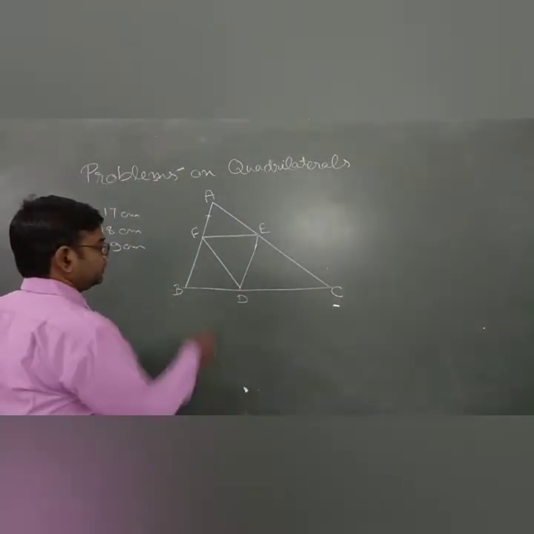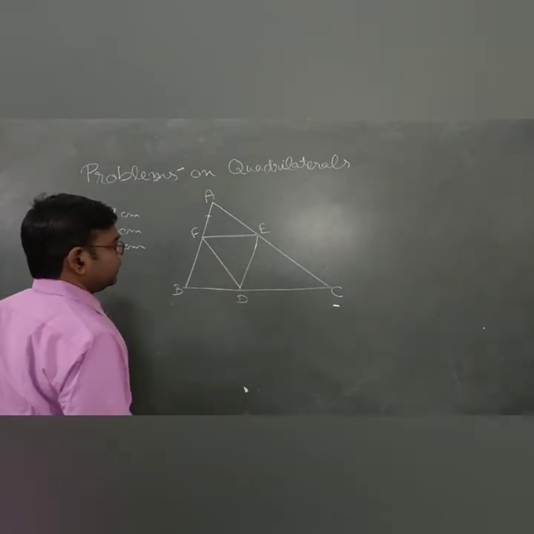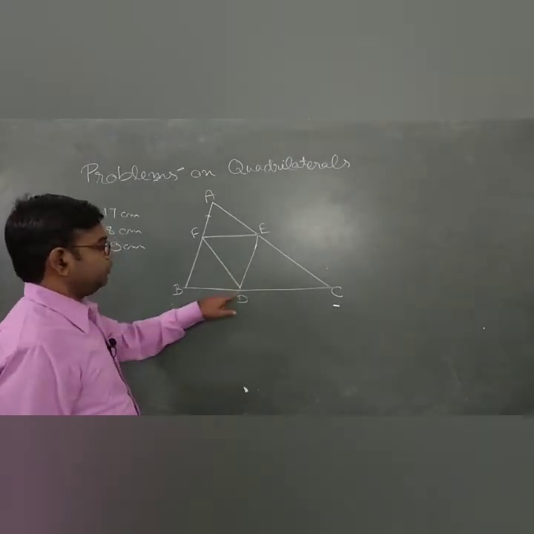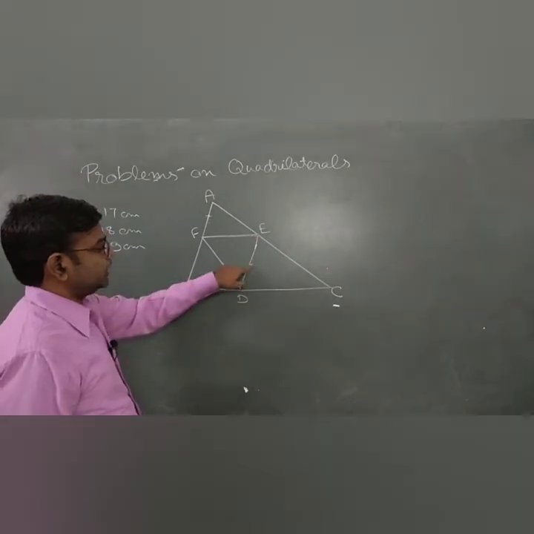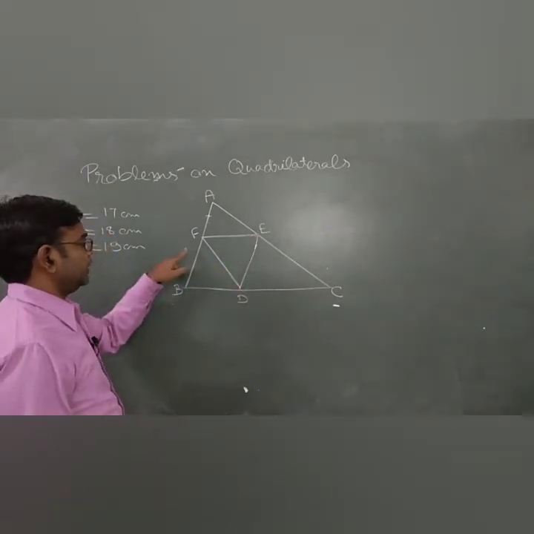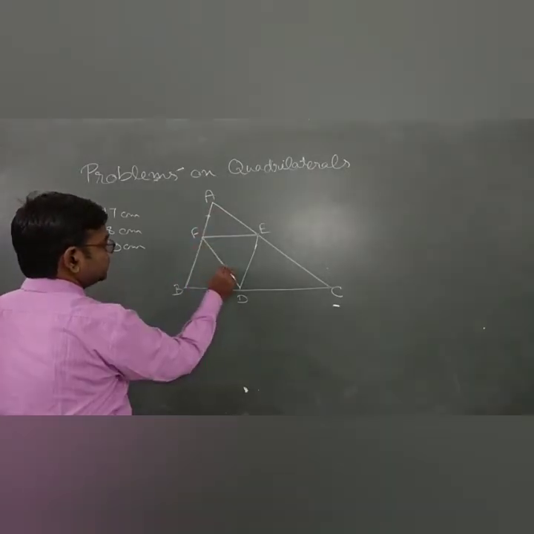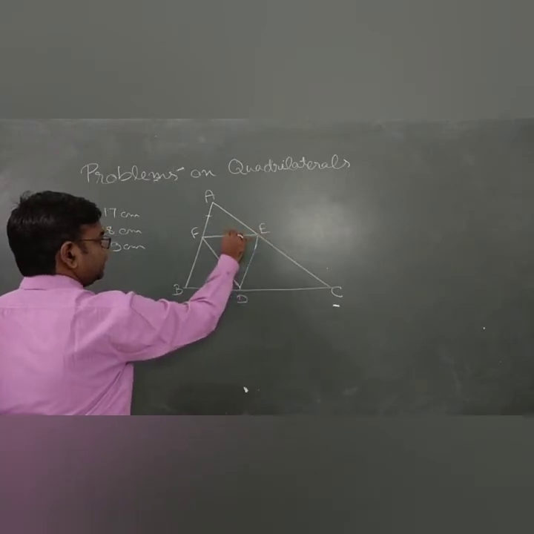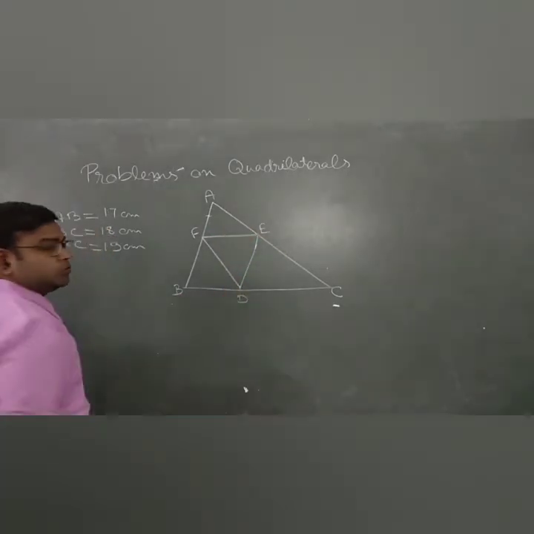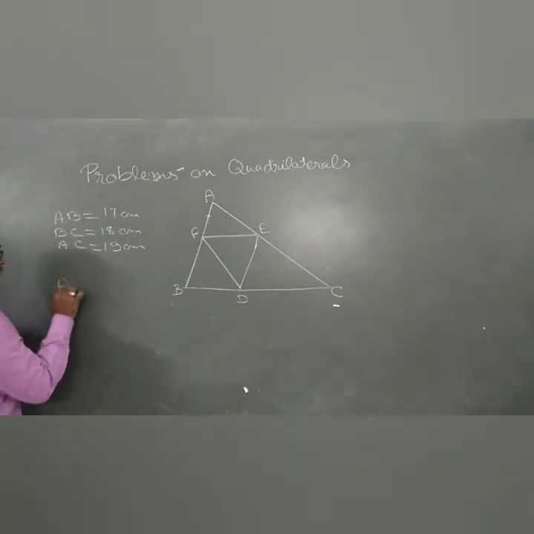We know that these two sides look parallel. The midpoint theorem says that if we join the midpoints of two sides of a triangle, then this side is always parallel to and half of the third side. Similarly, in the case of this one, these two midpoints join, so this is parallel to this one and this is parallel to this one. This is known as the midpoint theorem. So we can easily write down from the midpoint theorem.